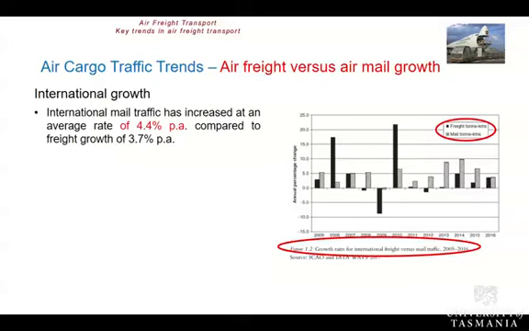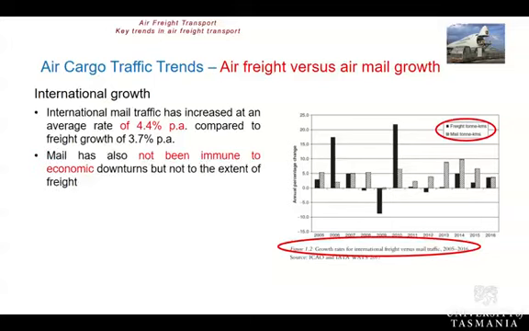Mail has actually performed even a little bit better at about 4.4%. Now, mail has also not been immune to downturns in the economy, but not to the extent that we see with air freight. So it's impacted, but not to that same level.